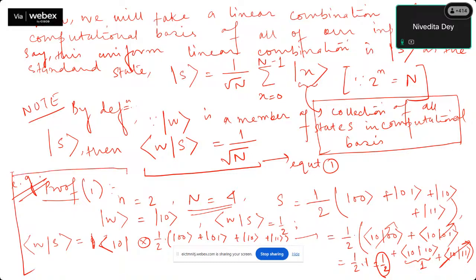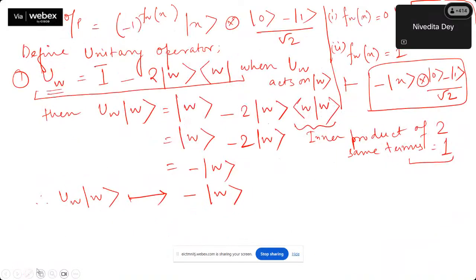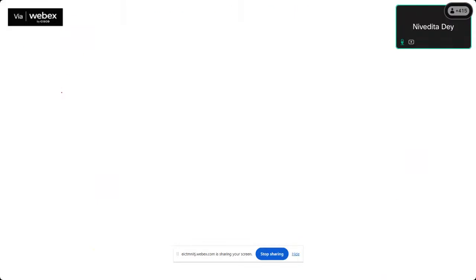So we will be incrementally proving each and every individual step for Grover. Okay. Now the next one that we have is this thing. So this is the first operator, UW. Now we will head towards the second operator.